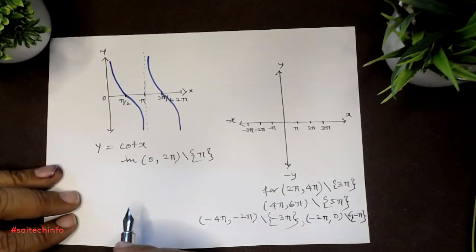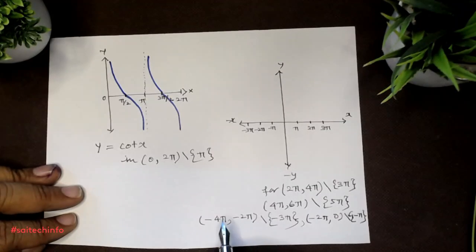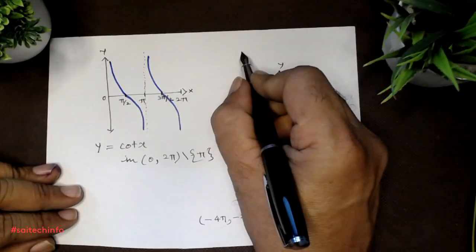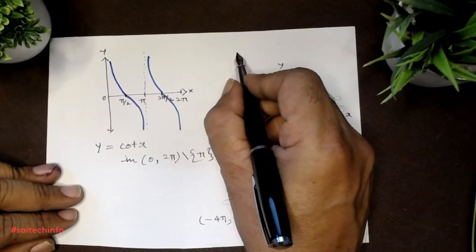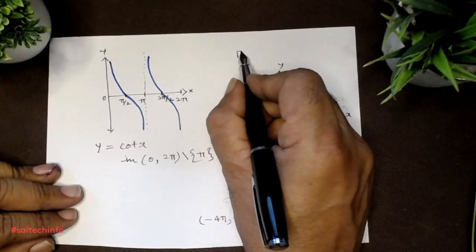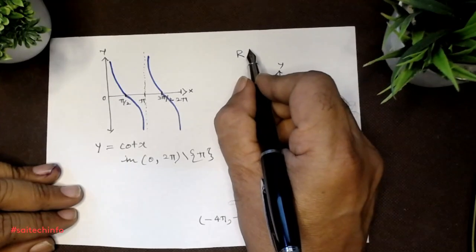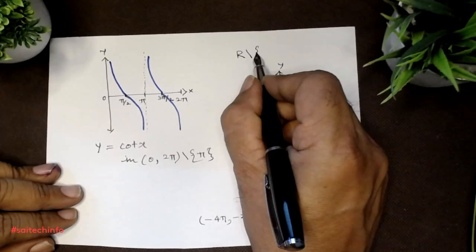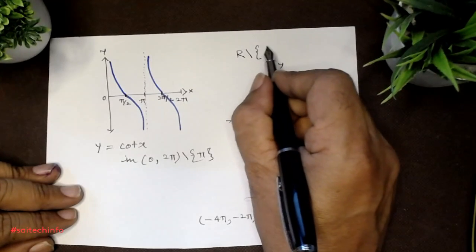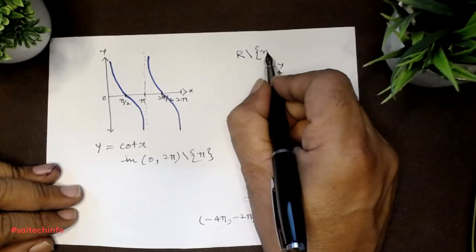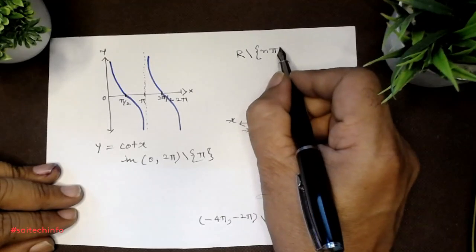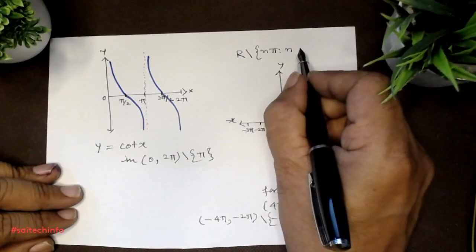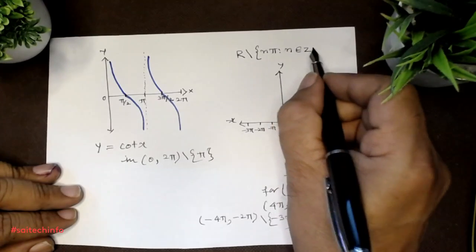So the entire cotangent function can have the domain generalized as the set of real numbers excluding n pi, where n belongs to the integers.